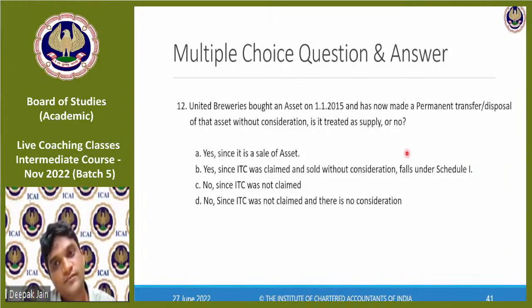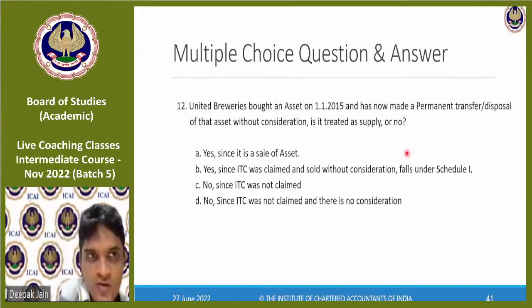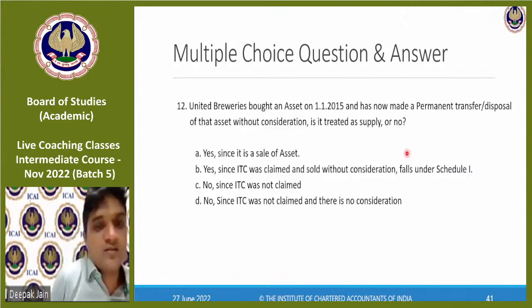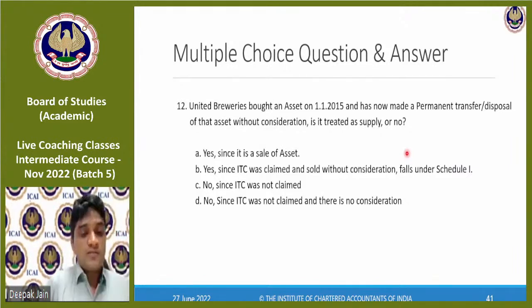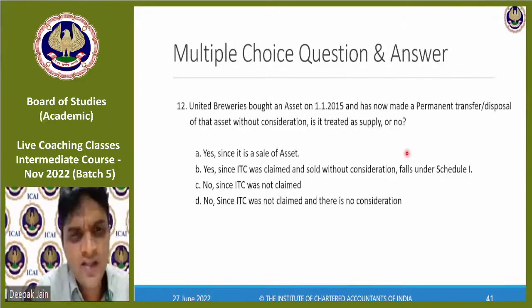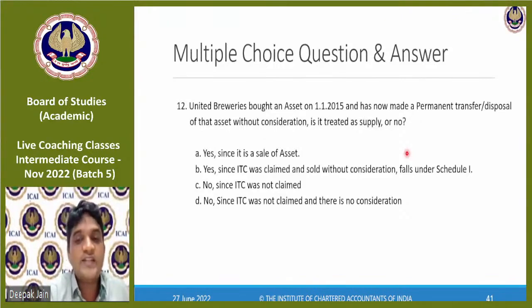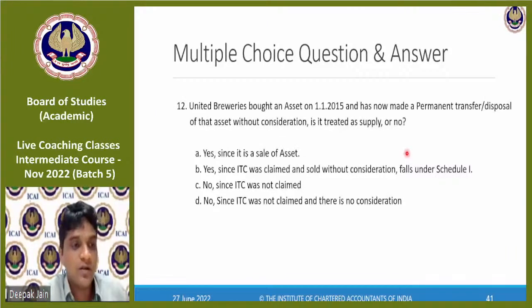Okay. One important thing you need to note is, it has been mentioned ITC has been claimed, but where in the question do you find that ITC has been claimed? Few things are not mentioned in the question, but few things we need to understand. When did GST come into picture?